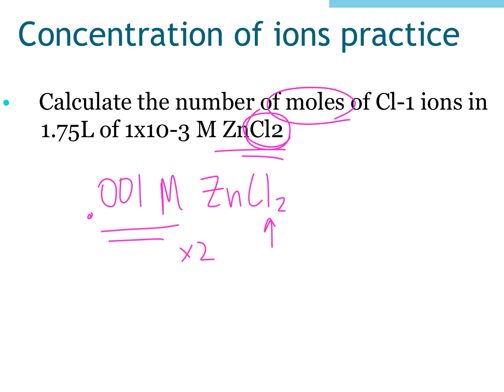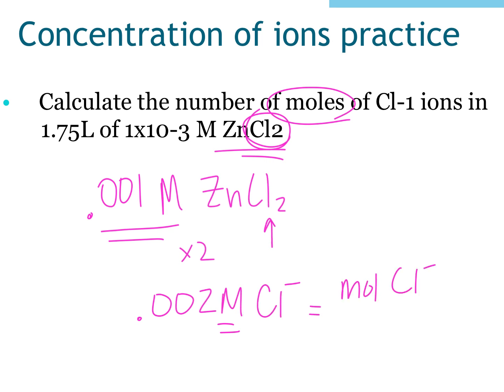I'm going to solve for the concentration of chloride, which must be what? 0.002 molar of Cl minus. So that's still molar. It's not moles. And so then I can do moles of chloride over 1.75 liters.